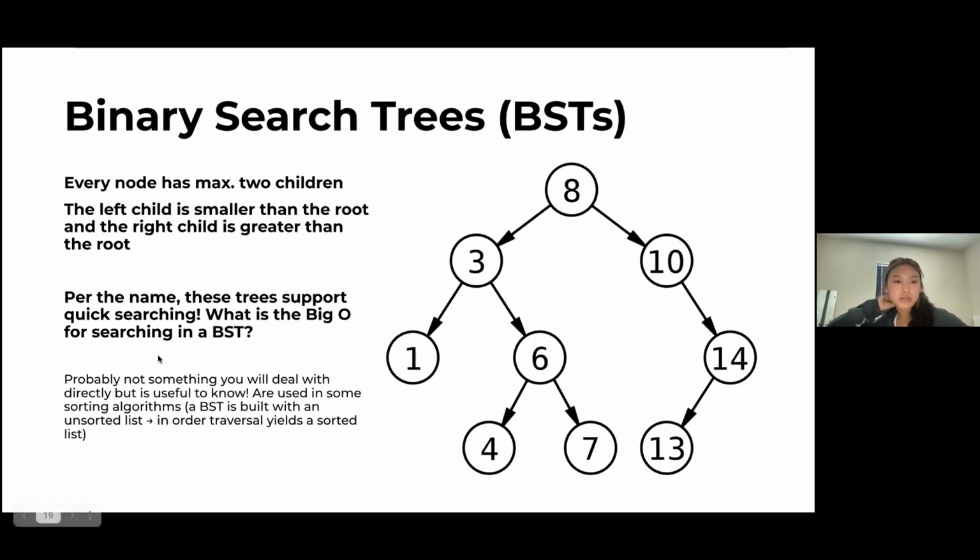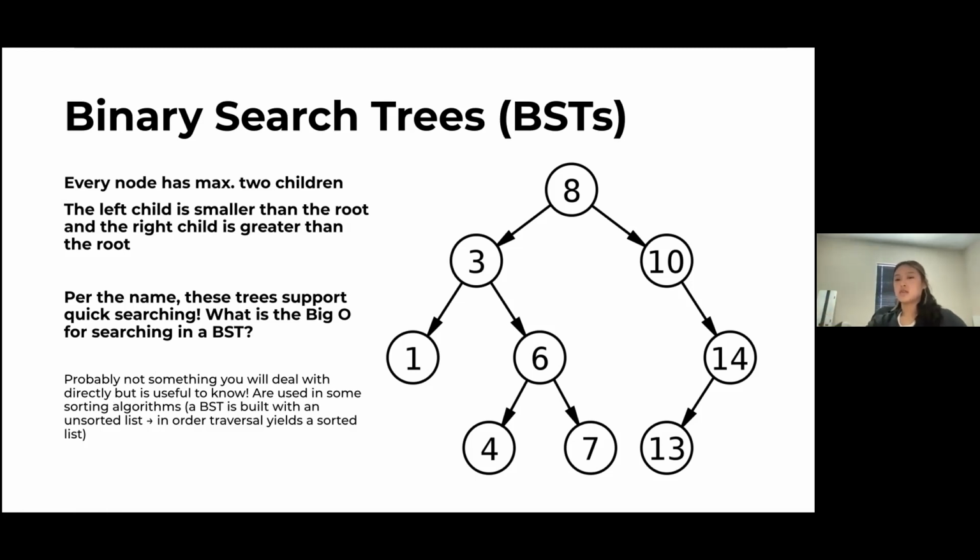So trees are super useful in different search algorithms. We talked a little bit about binary search trees earlier. In terms of application, I have never used this outside of my data structures and algos class, but I know that it's used in various sorting algorithms where you can build a tree from a list.